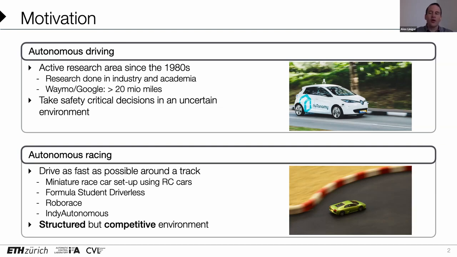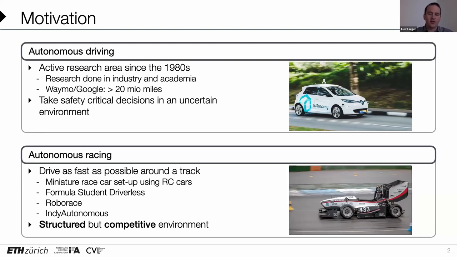And then more and more full-scale competitions showed up. There is the Formula Student driverless competition, which I was also involved in over the last years, where Zurich actually has very nice results as well. And then other competitions showed up, such as Roborace, and most recently Indy Autonomous.